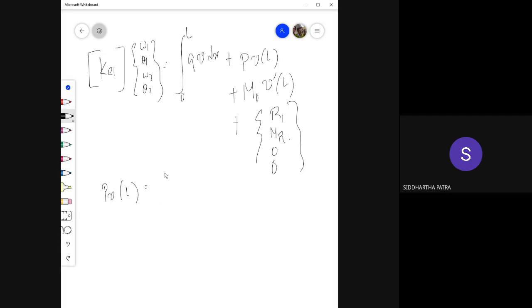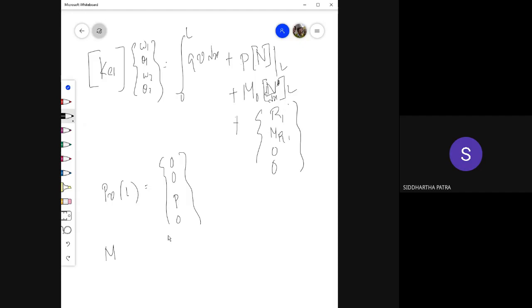It would look like 0, 0, P, 0 for us. And sorry, this V hat won't be there, right? This V hat won't be there because we had already taken out V hat transpose. So it should be the N matrix evaluated at L, and this is the N prime matrix evaluated at L. So, I mean, the derivative of the N matrix with respect to x evaluated at L.